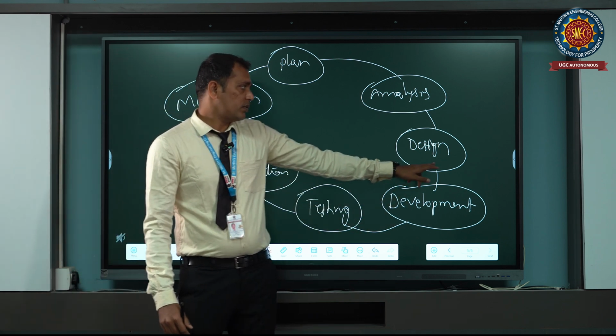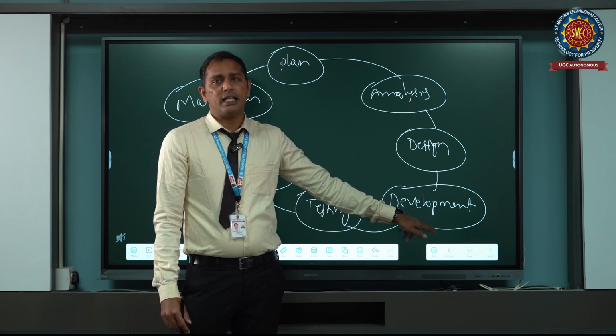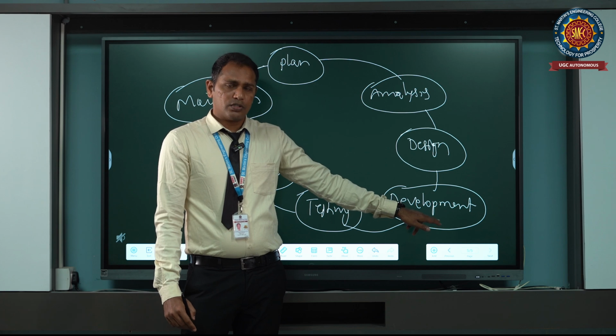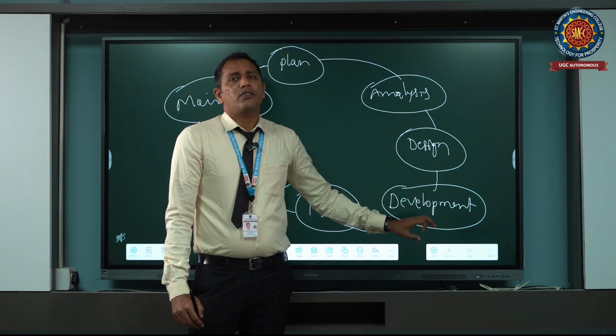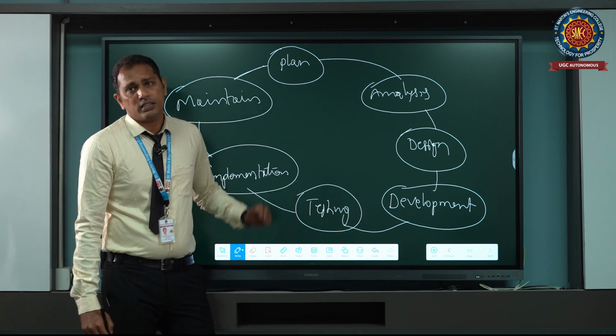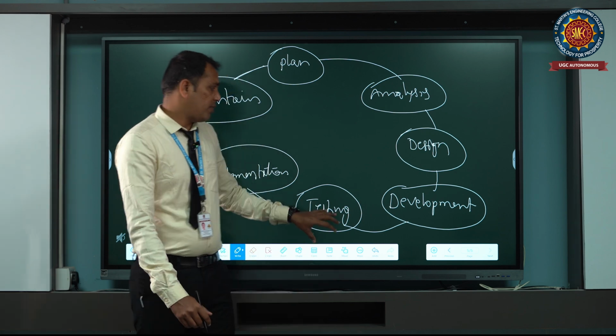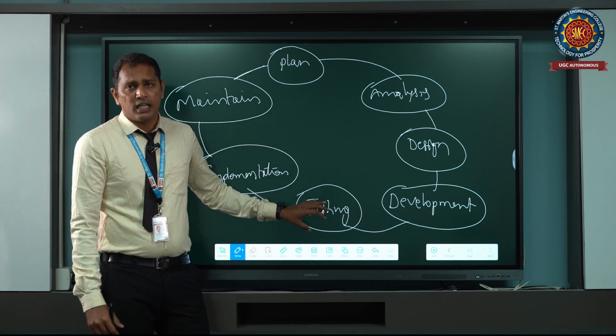After designing, we develop the software, implementing programs, instructions and code. Next, after developing the software, we test whether it is working correctly or not. Testing is the main phase of any software development.